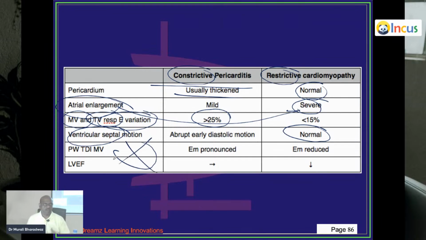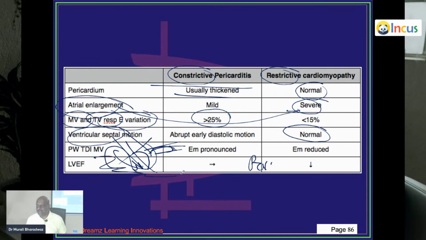Normally, whenever there is inspiration, more venous return comes into the right side of the heart. That will make the interventricular septum move into the left side, and the left side filling becomes decreased. So output becomes decreased and the pulse becomes weakened.